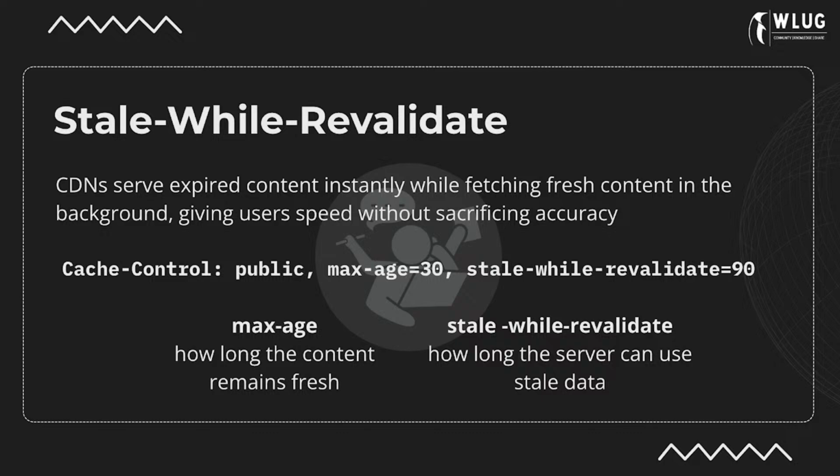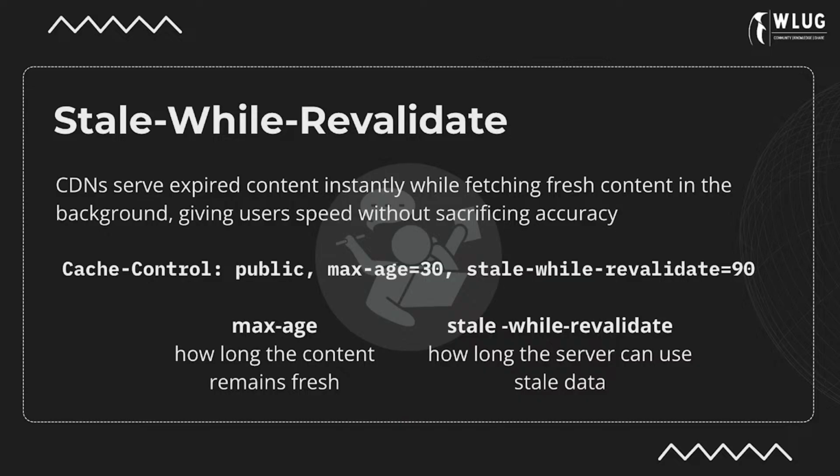What does this mean? For example, you requested the same content after 35 seconds. The window was for 30 seconds. But here, as we can see in the header, stale-while-revalidate is equal to 90. So what does this denote? This denotes how long I can use this expired data to give a response.